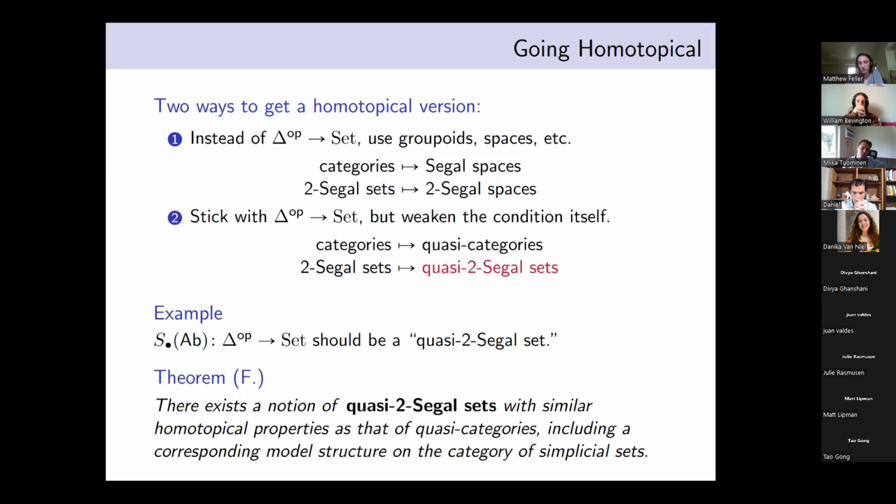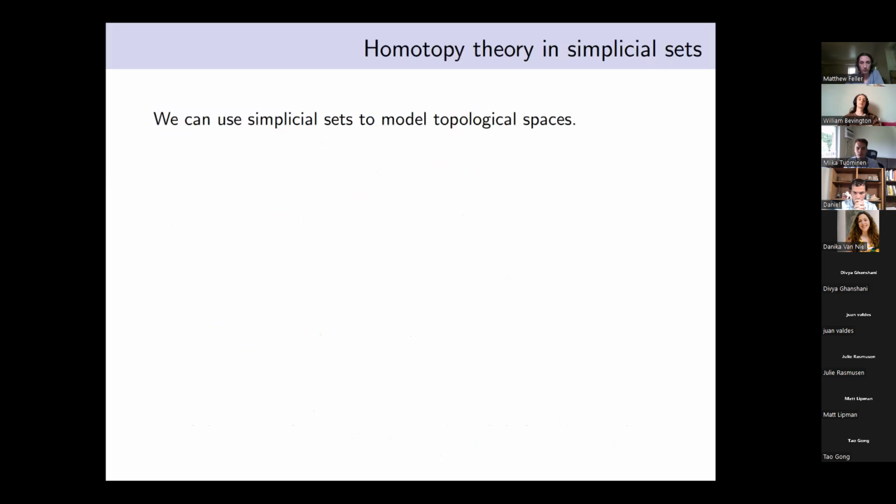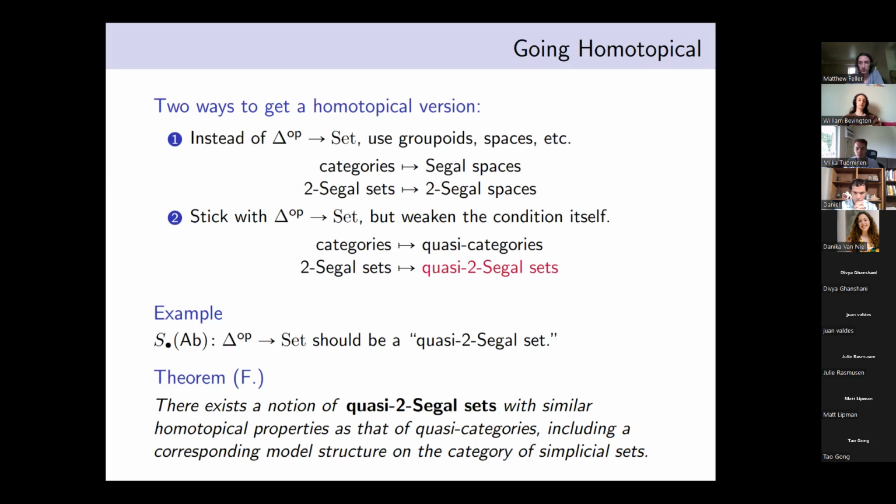But I'm not going to go into much detail. So, are there any questions so far before I circle back and go into more detail on what quasi-categories and quasi-2-Segal sets are?